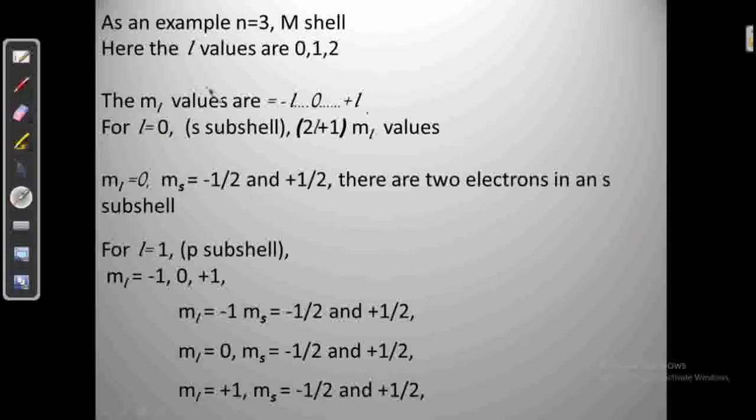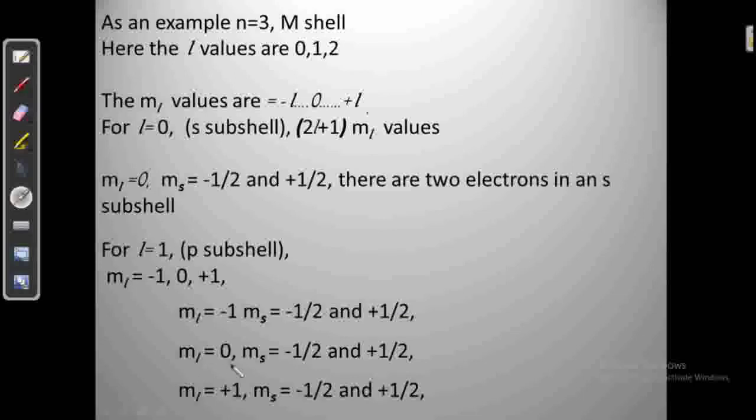The next one is the subshell with L equal to 1, that is the p subshell. You can see that ml will take 2L plus 1 values, from minus L to plus L, that is minus 1, 0 and plus 1. So we can take each one by one. When ml equals minus 1, ms will be minus half and plus half.